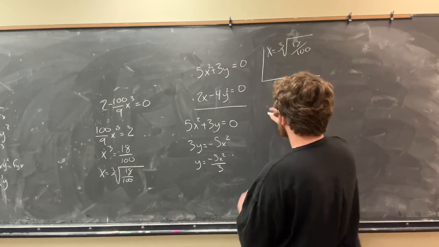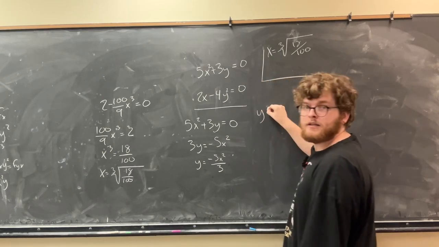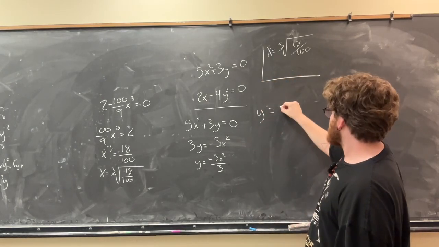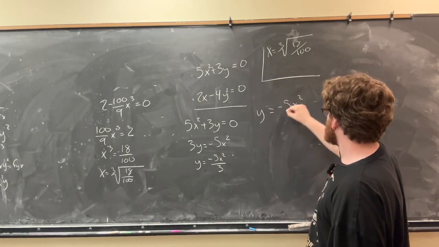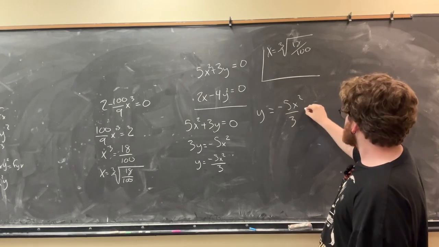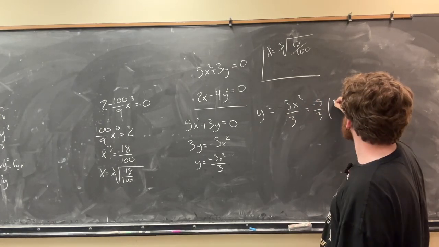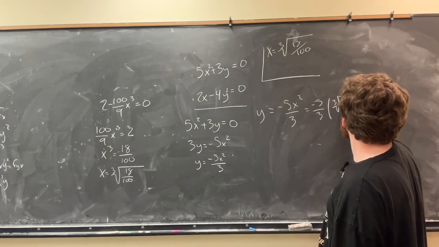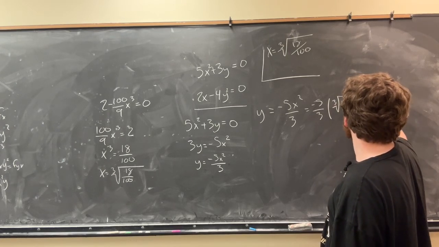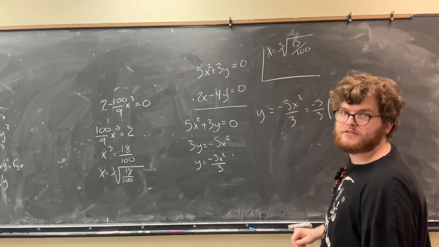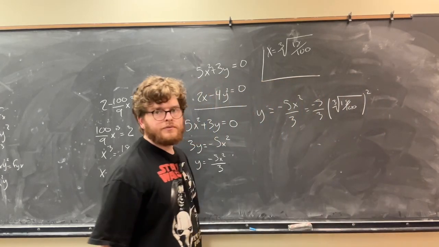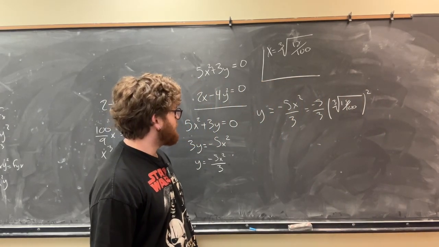So we said that y is equal to negative 5x squared over 3. This is going to be negative 5 over 3 times x, which is the cube root of 18 over 100, and we're going to square that. Try to simplify this out some.